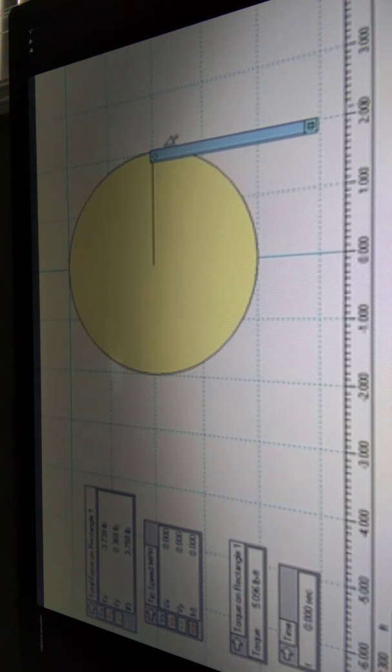The rod will move around, but also it will be under the influence of this pin, which pulls it due to the rotation of the circle. We can measure the forces in the x direction, the y direction, and the resultant force along the length of the rod, in this case the bat simulation.